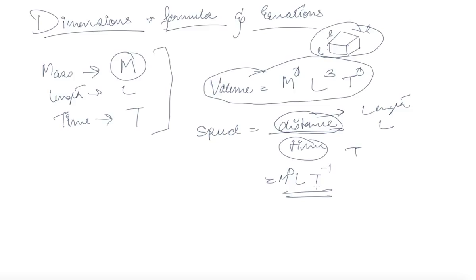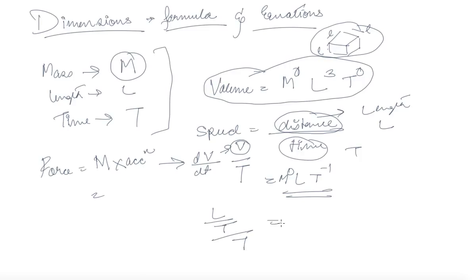Similarly, if you want to find force, force is equal to mass into acceleration. Now what is acceleration? Acceleration, as I derived earlier, is change in velocity with respect to time. So it has the dimension of velocity divided by time. Now what is velocity? Velocity or speed is nothing but distance upon time.